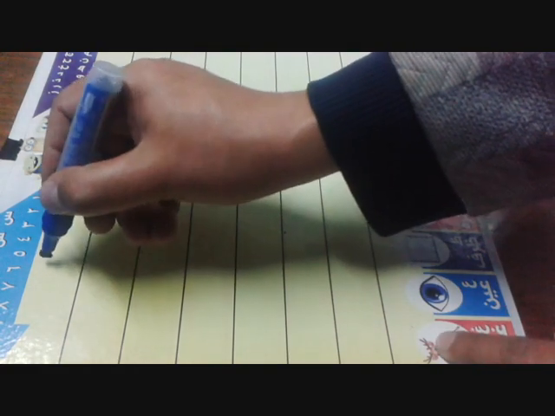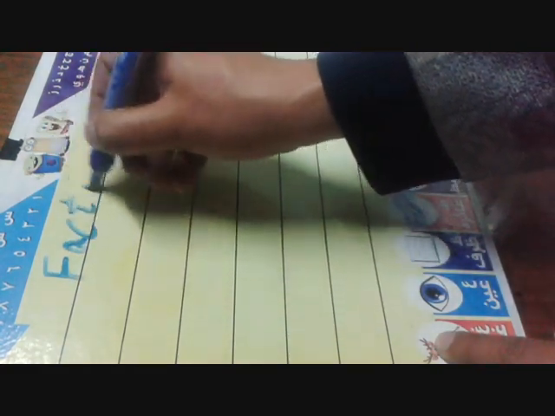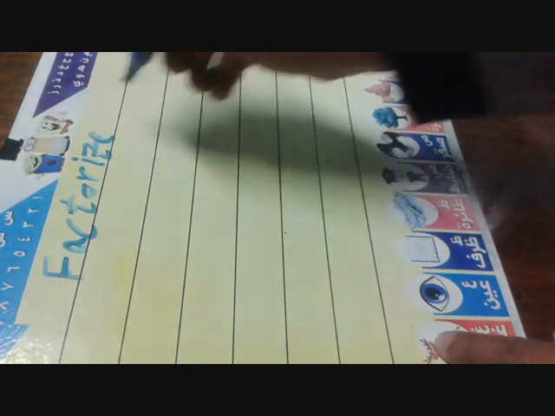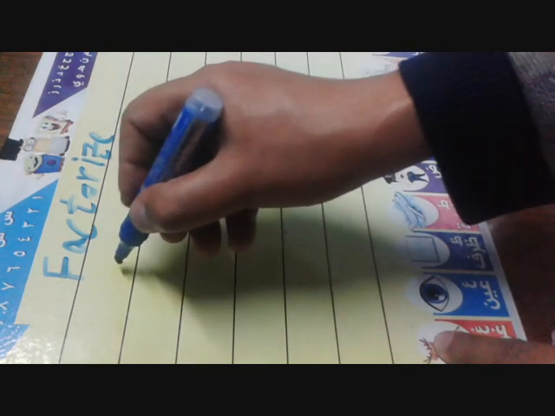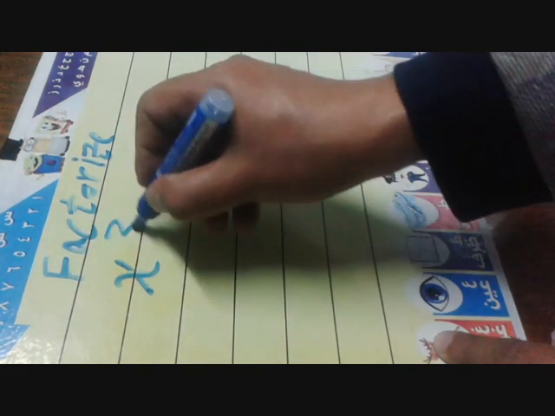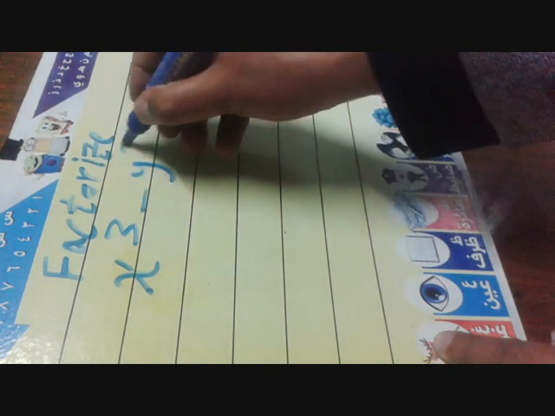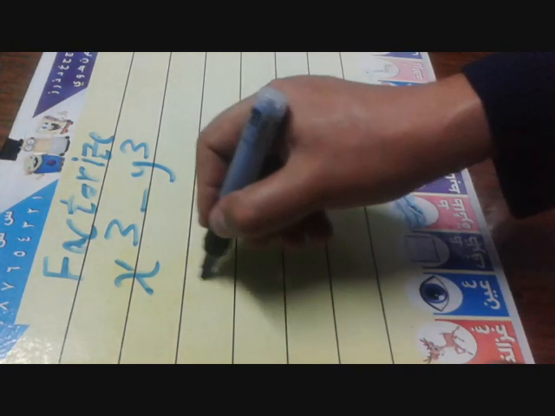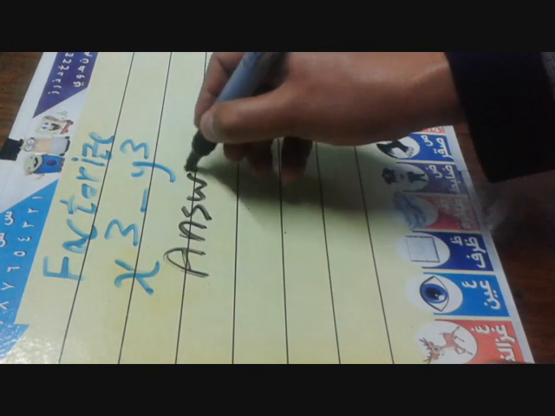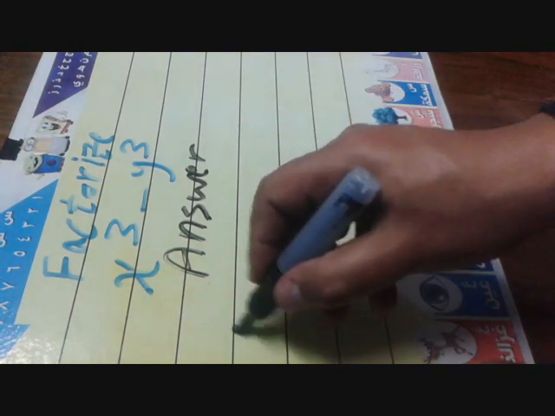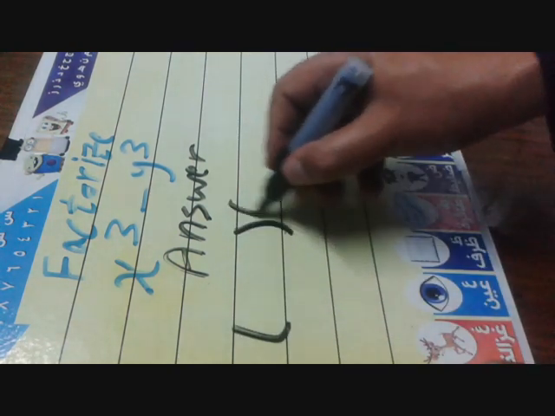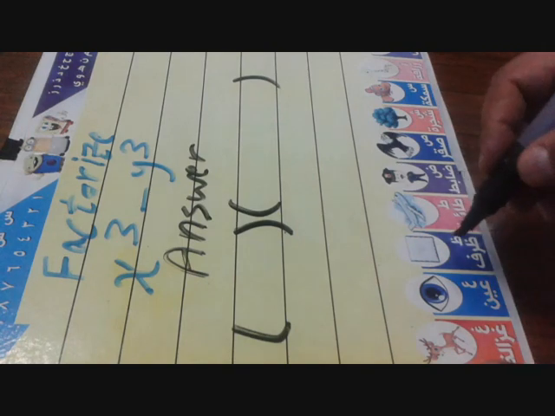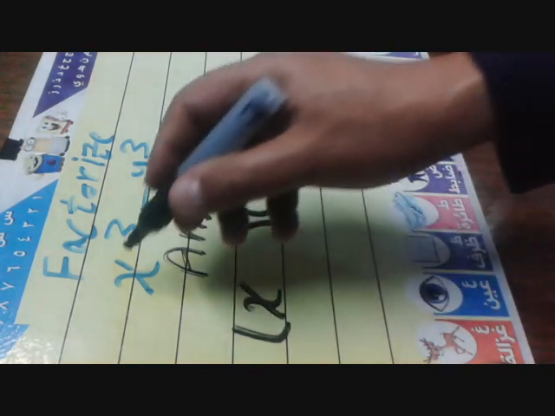Factorize x cube minus y cube. Answer: small bracket, greater bracket, x.